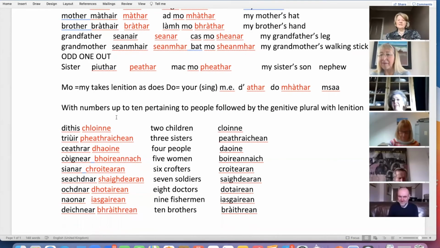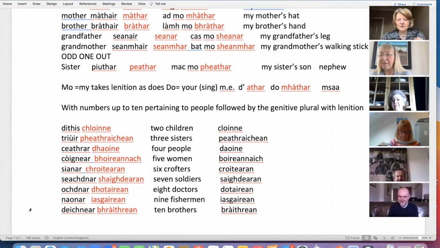This one here is explained by only up to the number 10. And when you talk about 2 people, 3 doctors, 4 teachers, 5 sailors, these are the numbers you use. It's not the usual numbers.